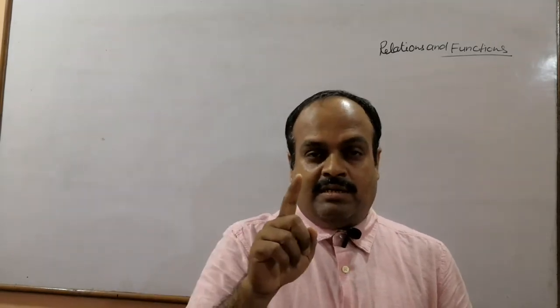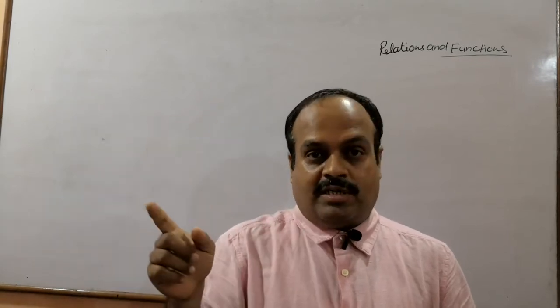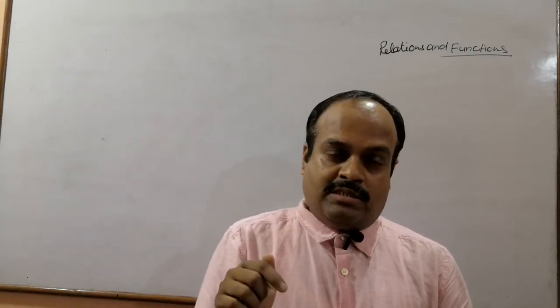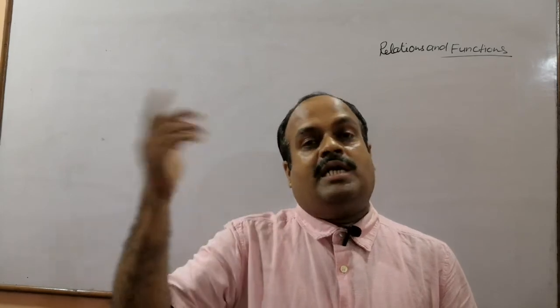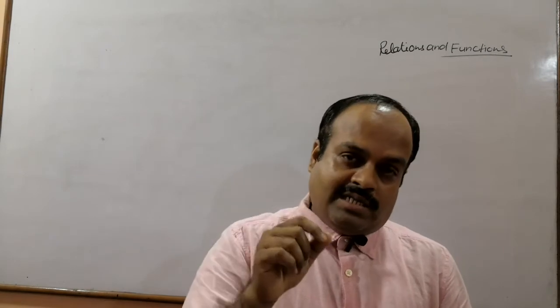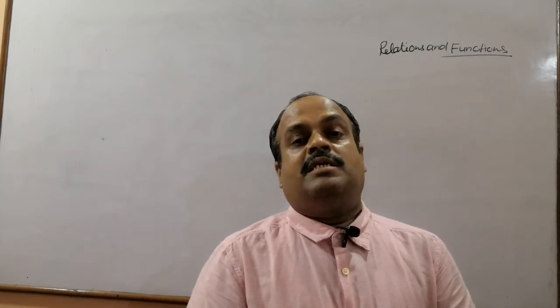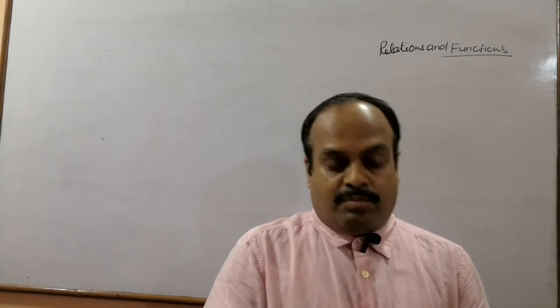If the relation topic is not clear to us, we cannot understand function. If we don't understand Cartesian product, we can understand nothing, neither relation nor function. So the very important thing is Cartesian product.